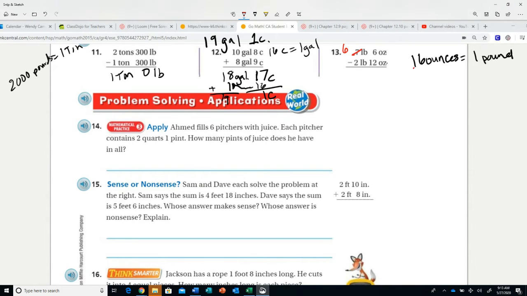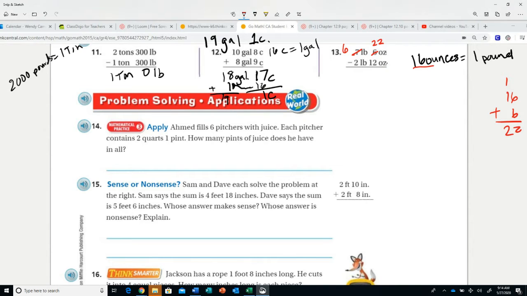And now because when I regroup a pound, I add 16 ounces to my ounces. 16 plus 6 is going to give me 22 ounces. So instead of 6 ounces, I now have 22 ounces. So basically 7 pounds 6 ounces is equal to 6 pounds 22 ounces. It's just how I've distributed it.